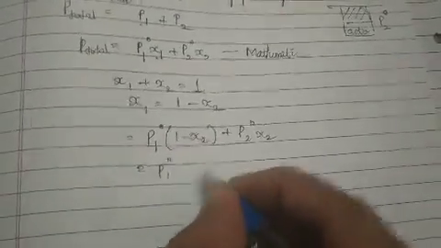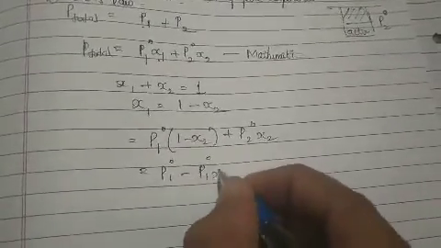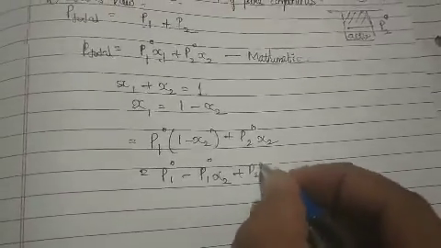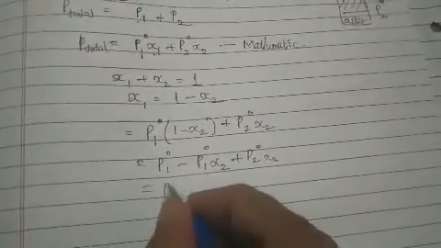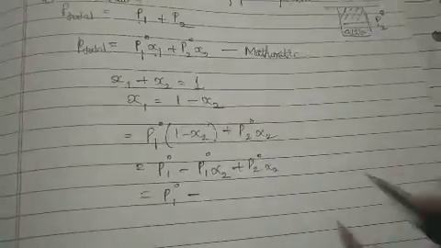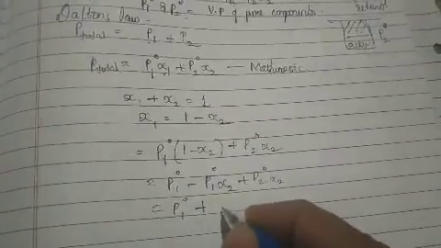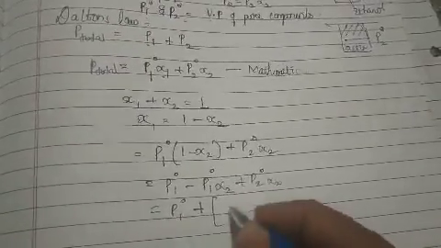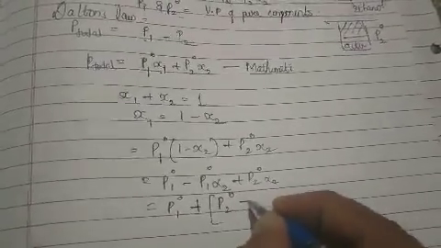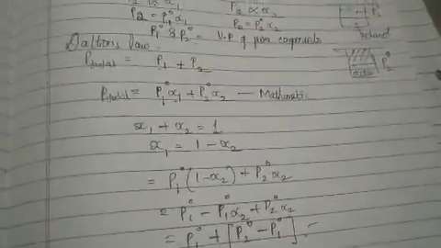So P1 naught minus P1 naught x2 plus P2 naught x2. Taking x2 common, we can write P1 naught plus (P2 naught minus P1 naught) x2. So this can also be an expression for Raoult's law.